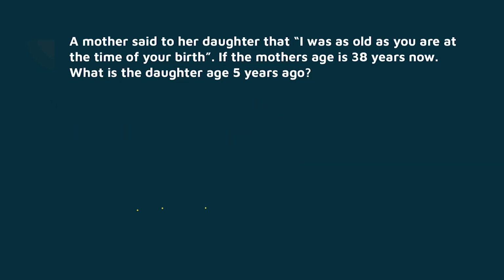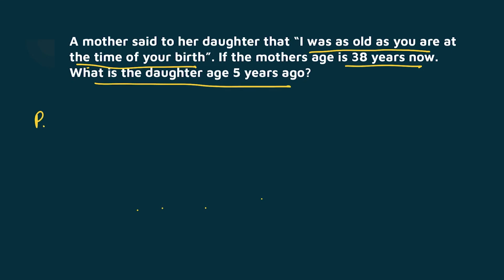A mother said to her daughter, I was as old as you are at the time of your birth. If the mother's age is 38 years now, what is the daughter's age 5 years ago? Read the question carefully.